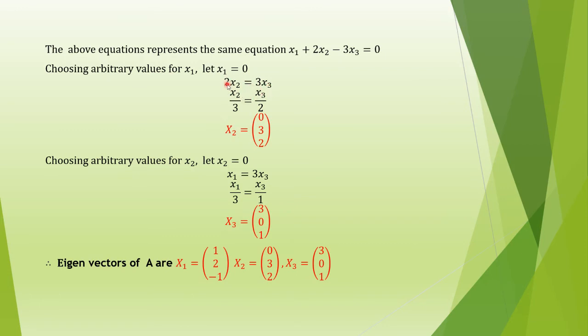Cross multiplying, the 2 goes with this and the 3 goes here, so x2 is equal to 3 and x3 is equal to 2, and x1 was already assumed to be 0. Similarly, we assume x2 is equal to 0. Why take x2 equal to 0? Because here lambda is equal to minus 3 two times, so the first vector is for the first minus 3 value and the second is for the second minus 3 value.